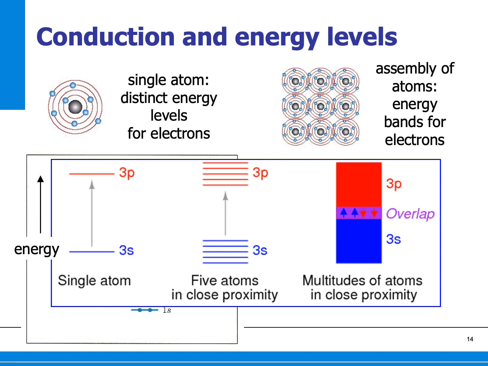You end up in this situation where all the energy levels are so close to each other that in fact they're all overlapping, and you have a 3s band, and you have a 3p band, and even the 3p and the 3s bands in this case overlap.